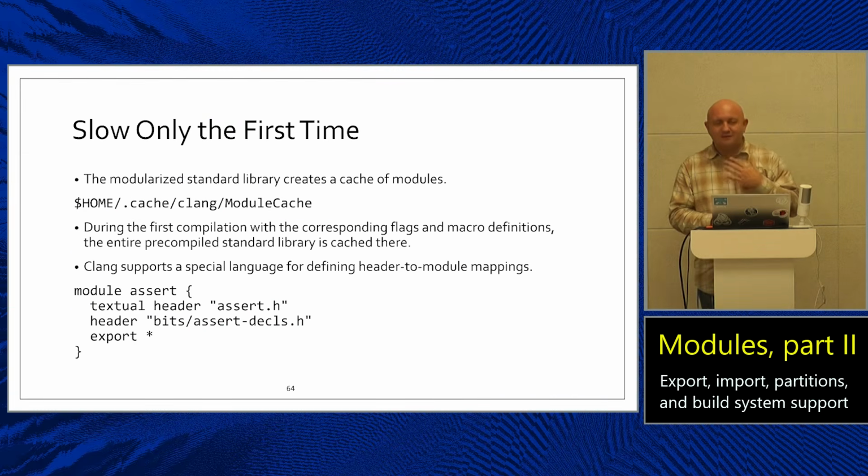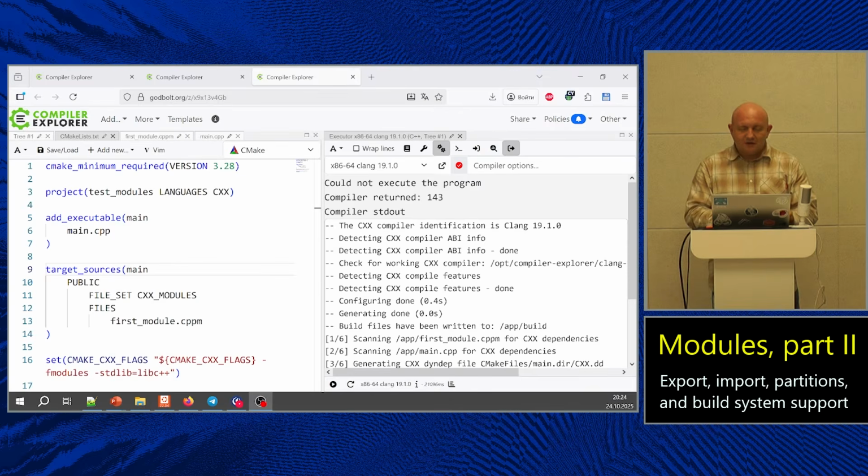Well, I'll admit, I'm cheating a little here. Godbolt always runs in a clean environment, so for it, every single compilation is a first-time compilation. It has no cache. What actually happened is this. When I wrote import string, let me show you once again, Godbolt.